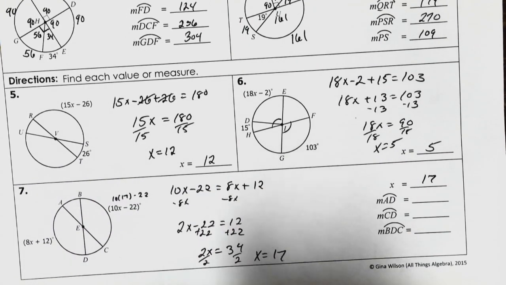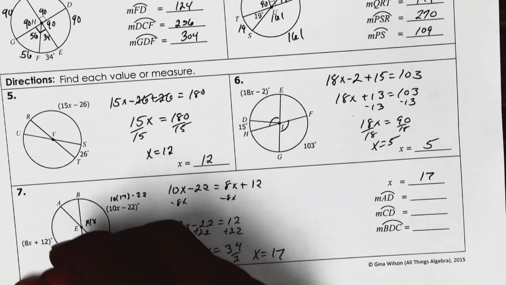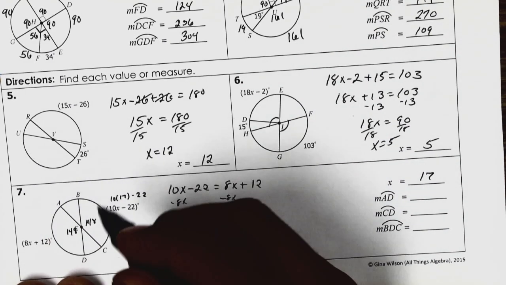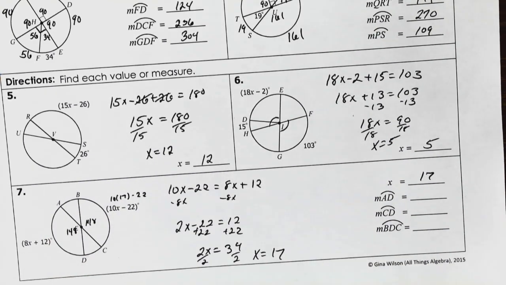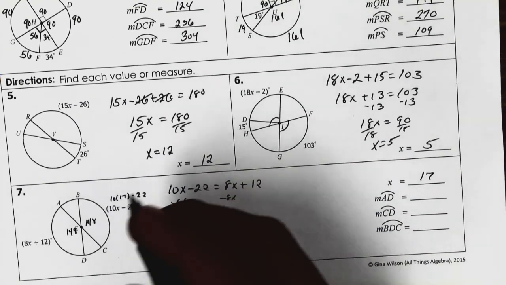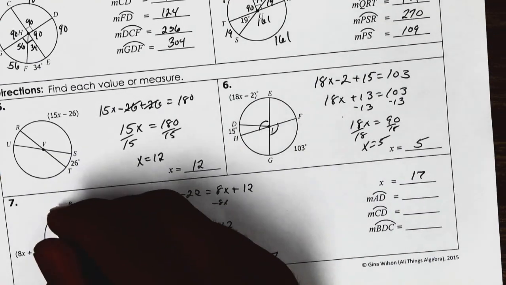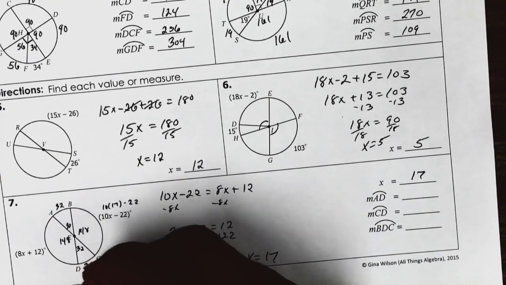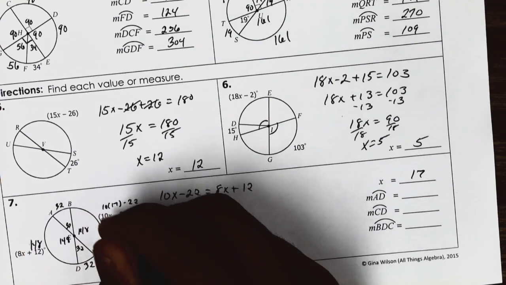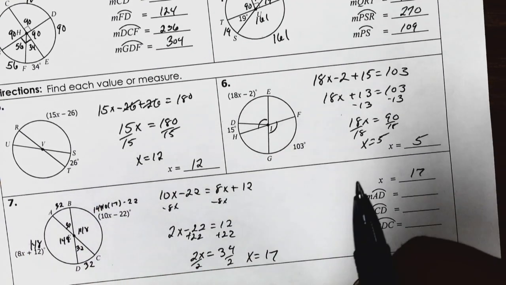So this arc right here is 148, which means this one's also 148. Then right here, they form a straight line, so 180 minus 148 gives me 32 and 32. So this arc's 32, this arc's 32, this arc is 148, and this arc is 148.